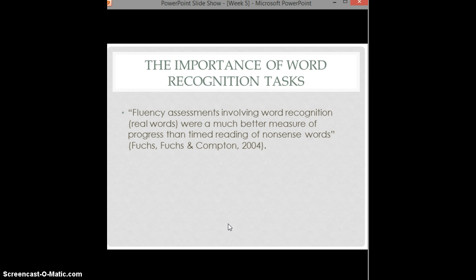Well, giving them those running record type fluency assessments where they actually have to read those words in context as you time them gives you an idea of how well they have those words committed to memory, right?